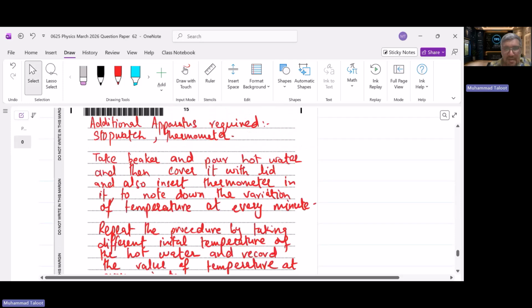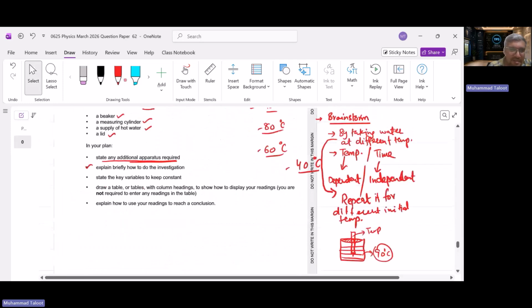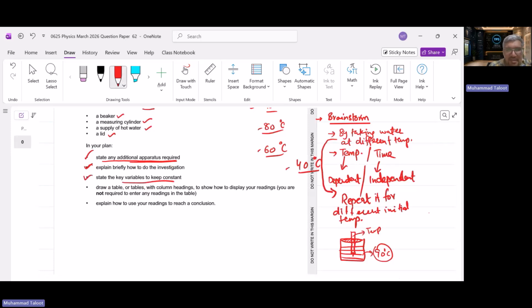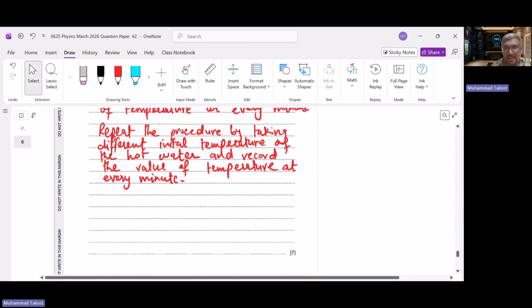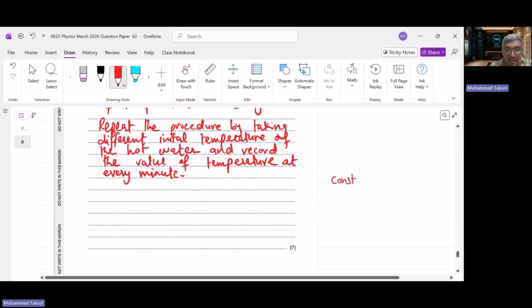So might be they are asking you the key variable. Yeah, they are asking. So once you are done, place a tick here. State the key variables to be kept constant. Key variables are the physical quantities which we have to keep constant. These are not constant values.